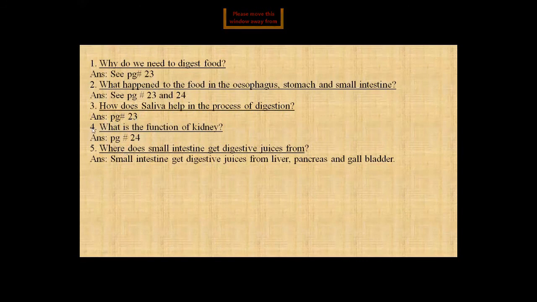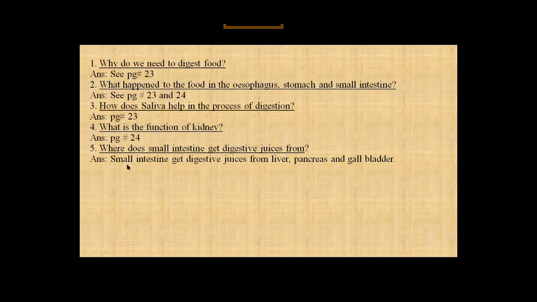Question number 4 is, what is the function of the kidney? The answer is also on page number 24. And question number 5, where does the small intestine get digestive juices from? The small intestine gets digestive juices from the liver, pancreas, and the gallbladder. You can take a screenshot of the slides.